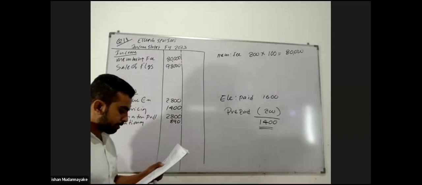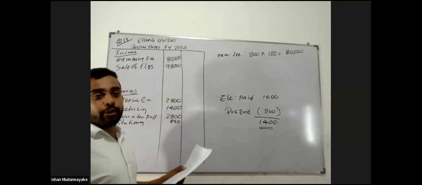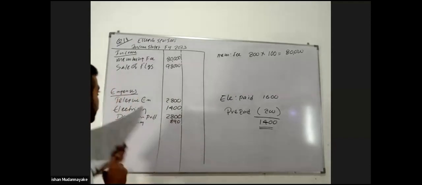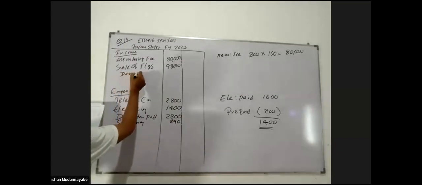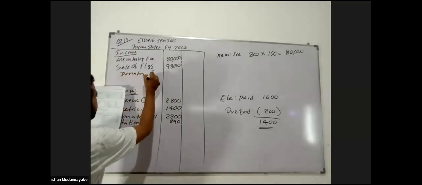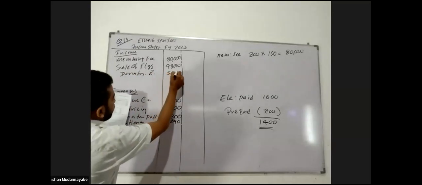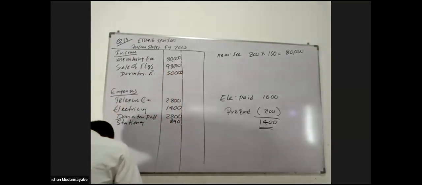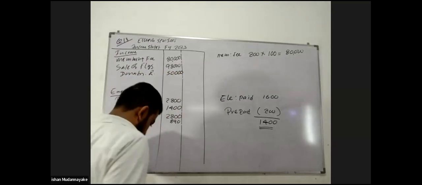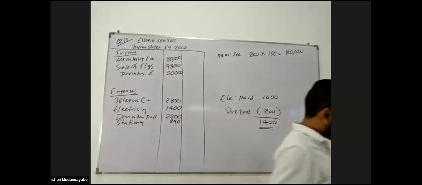Next one. Receipt of donation. Income. Donation received 50,000.